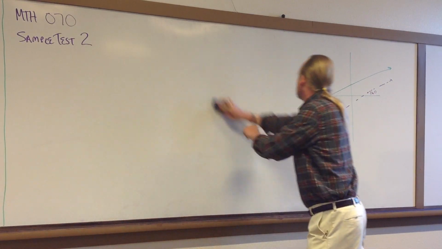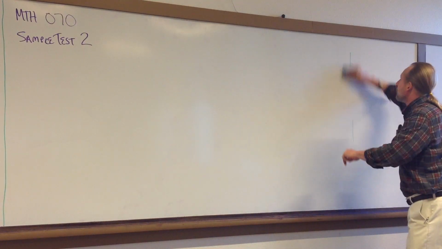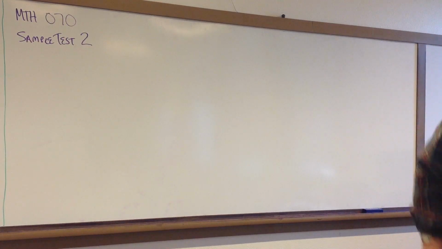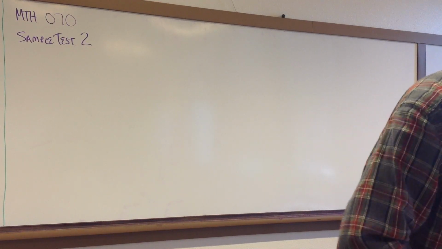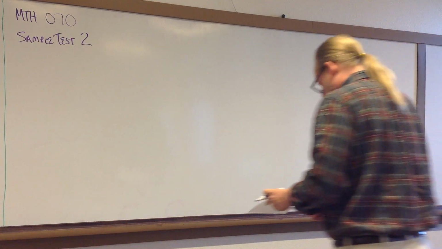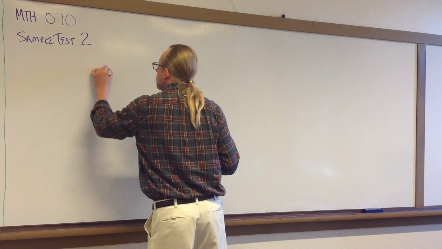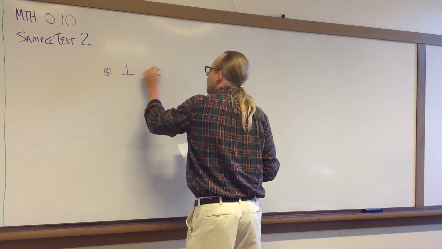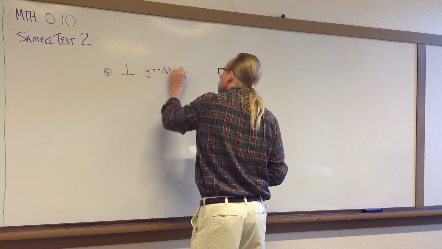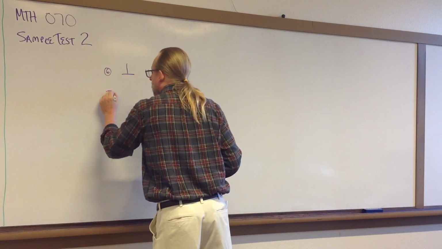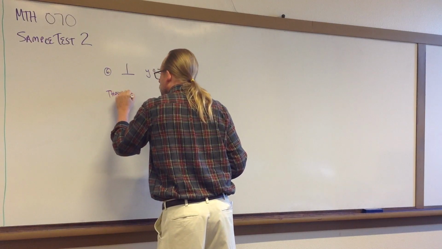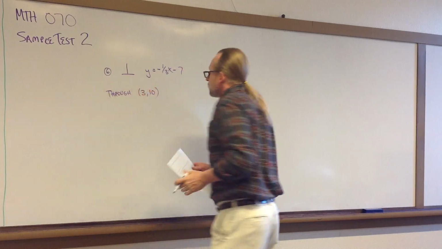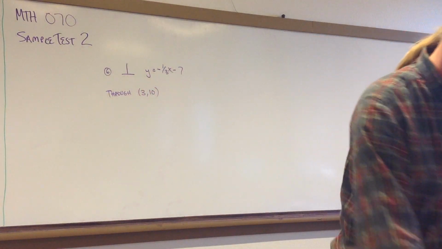Let's see, in problem 6, we're going to be looking for a perpendicular line. So, problem 6, we want to find the equation of a line that is perpendicular to y equals -1/3 x minus 7 and passes through the point where x is 3 and y is 10.